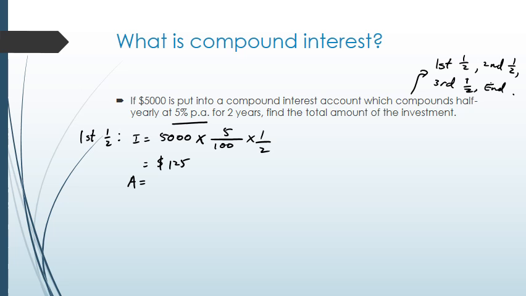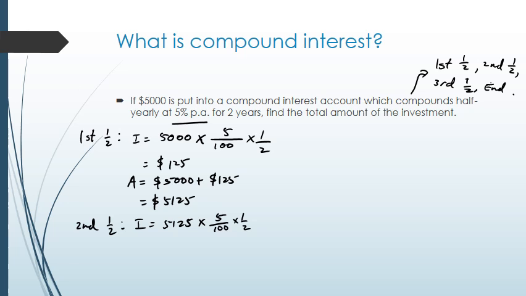Again, let's work out our total amount. It will be 5,000, adding on the 125, which then gives you 5,125. Second half of the year, or in other words, at the end of year 1. The interest that we would get will be 5,125 times 5 over 100 for half a year, which then gives us 128.13.